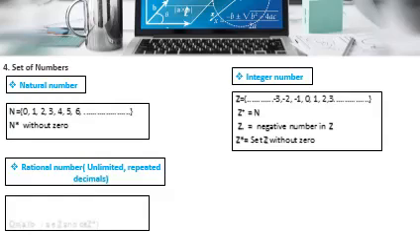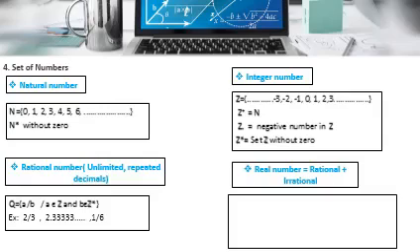It's unlimited. So we can say the rational number is a over b, a fraction of course, but it never ends. For example, 2 over 3, 2.33333 and so on, 1 over 6. So all of these are rational numbers.